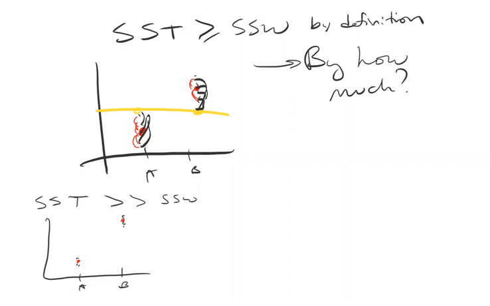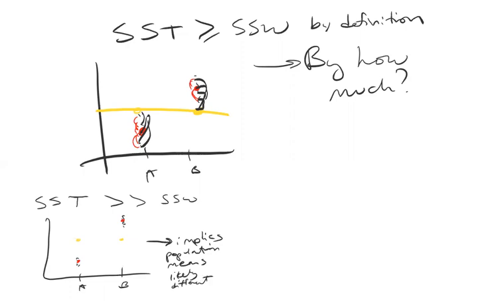But here is the overall mean for calculating the SST residuals. SST is going to be a really big quantity because each of these data points is very far from the overall mean, but each of these data points is very close to the mean in its own group. So this would be a case if SST is way bigger than SSW, it implies that the population means are probably different, right? I would believe that the population means are different from each other if I saw this picture, right? If I saw these data points.